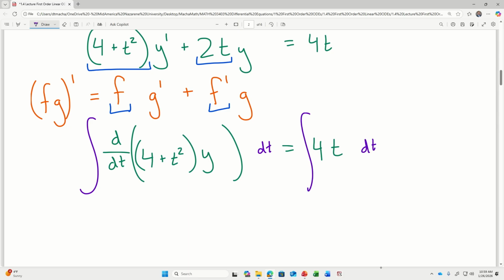And on the left side, the derivative and the antiderivative cancel out, and you get the 4 plus t squared y equals, on the right-hand side, what's the antiderivative of 4t? 2t squared plus c. Don't forget plus c.